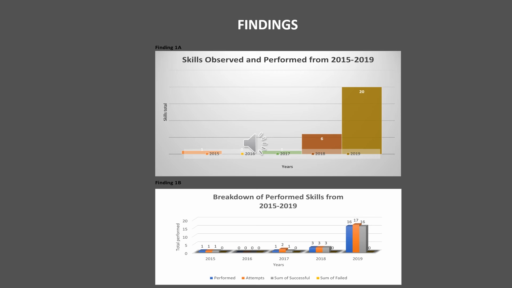There were more skills obtained in 2019 versus all the previous years. Sixteen were performed that year, and one skill was attempted twice, but all of them were attempted successfully, as compared to all the other years.